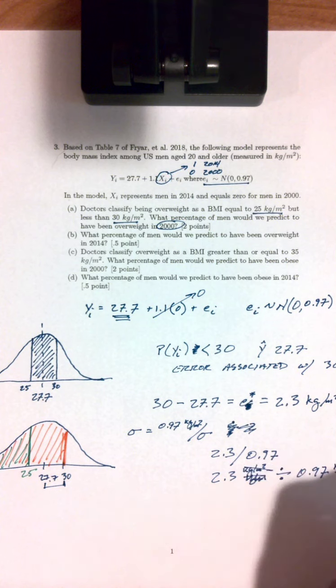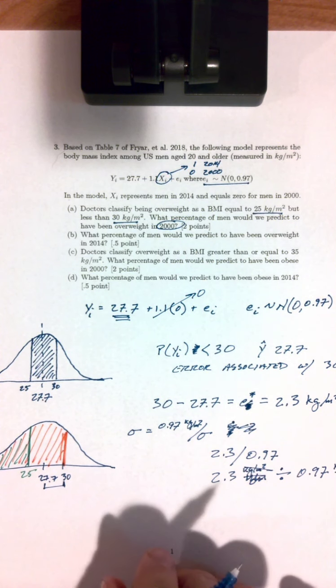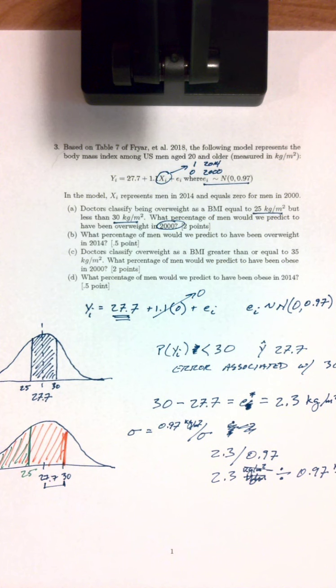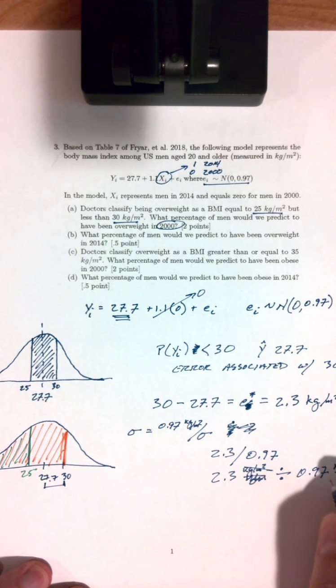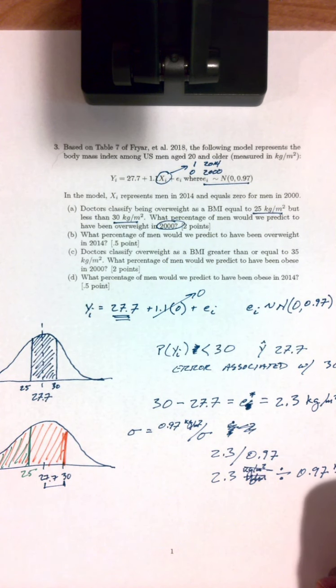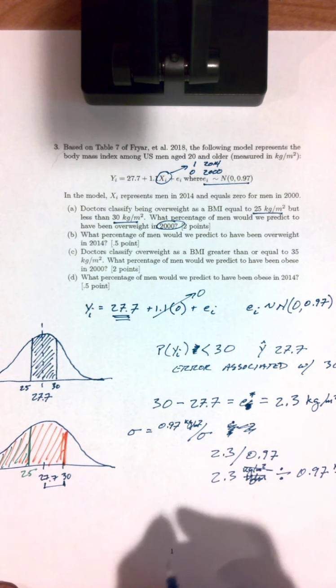Because we're dividing, these will cancel, and after checking my calculations, I get that this equals 2.37 standard deviations.